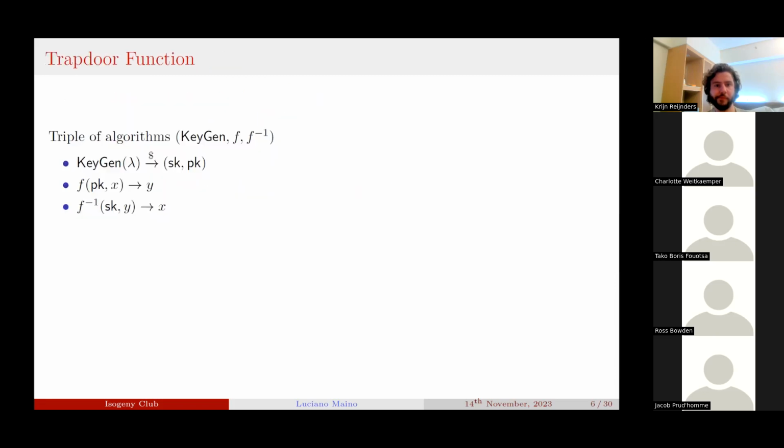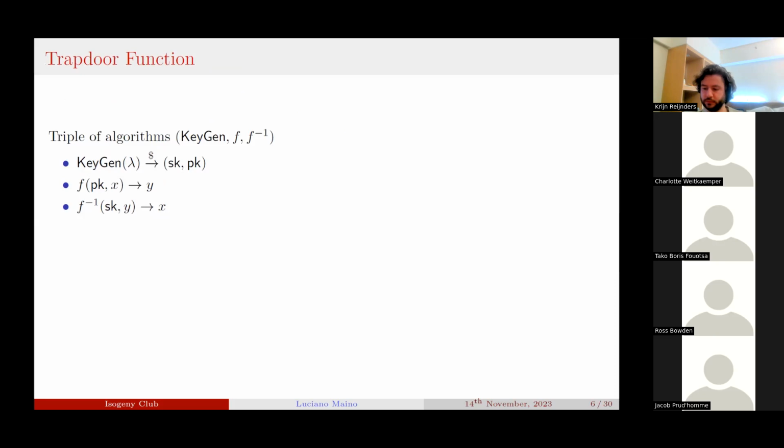Rather than explaining how to obtain the public key encryption, I will tell you how we design a trapdoor function, and then we'll skate over the transformation to apply to this trapdoor function in order to obtain the public key encryption mechanism. A trapdoor function is a triple of algorithms: keygen, f, and f minus 1.